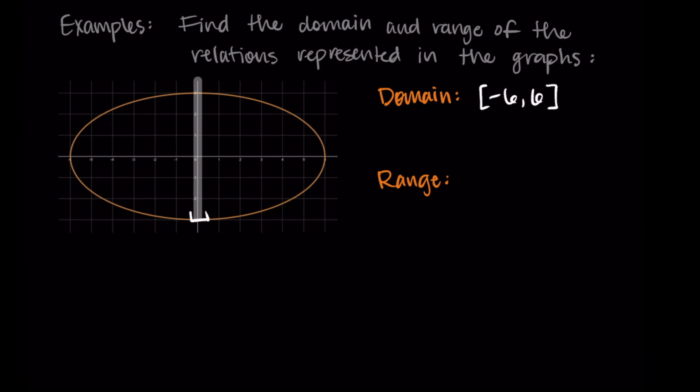Then as we keep going up, all of the values above -3 continue to have points on this graph until we get to +3. And remember, we're on the y. So when we get to +3 on the y, this is the last location where we have a point on the graph, and then anything above that doesn't correspond to a point. So our range would be from -3 to 3, and we'd use the brackets since we do want to include -3 and 3 in the range.